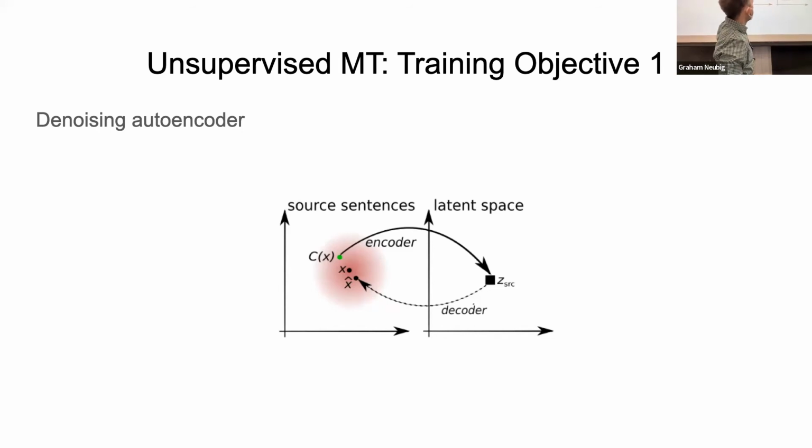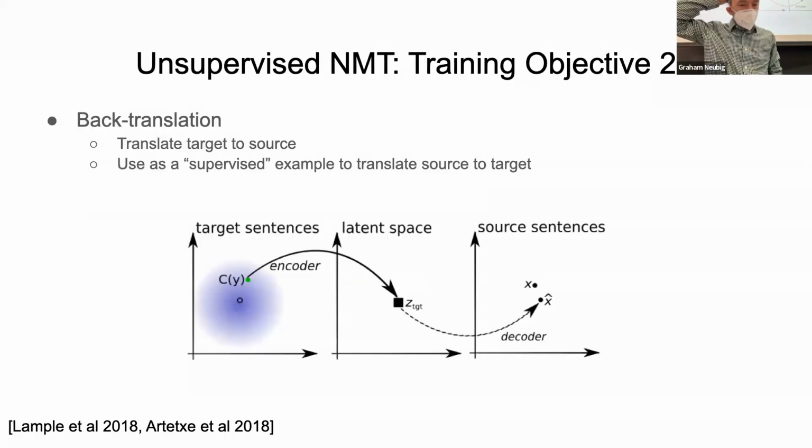Then we could just run a sequence model to take in this noised input and generate the output. That would be one example. And in this particular case, we could try to translate this into another language. This translation could either be done with a pre-trained model that we have already from our previous iteration of unsupervised translation, or it could be done with some sort of heuristic, like mapping the words into the input. I think I have a slide about that coming up soon.